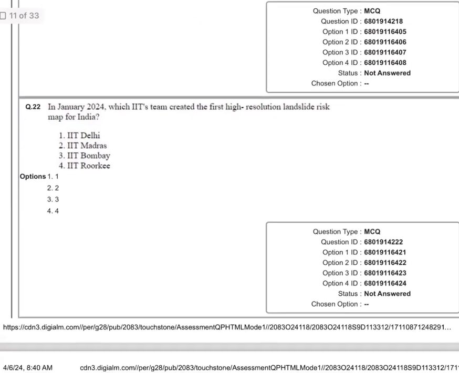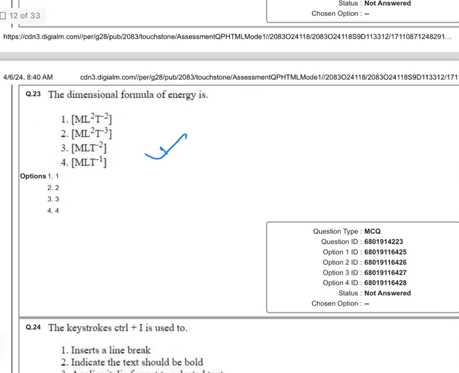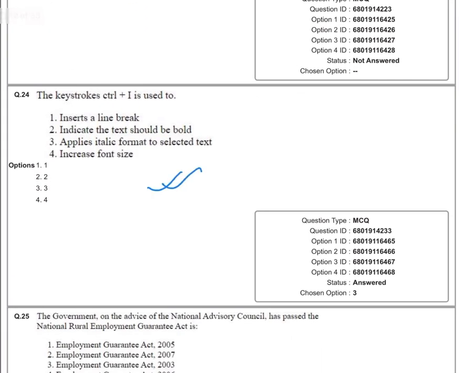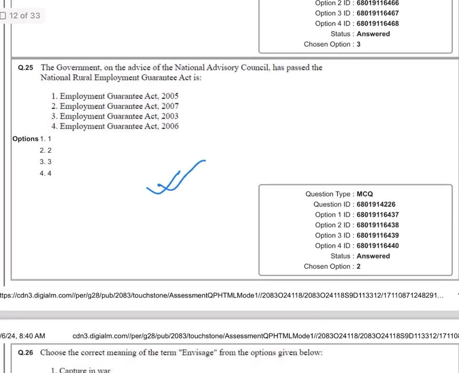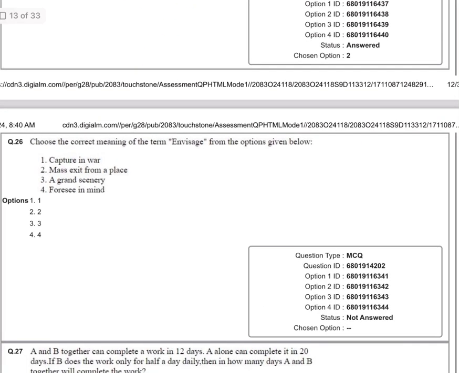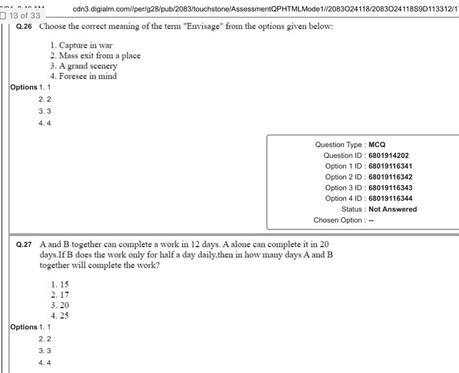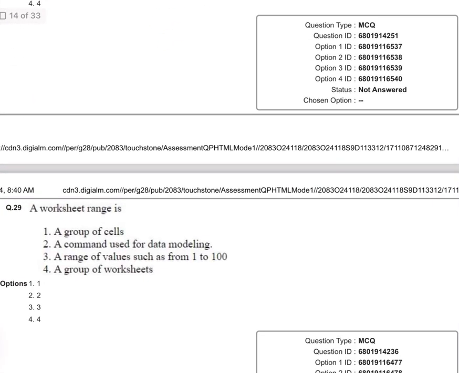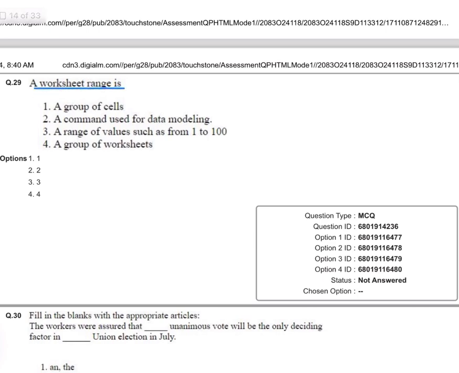Maths, current affairs. This is the science thing, I think. This is computer. Again, this one, the static or current, that will cover in that. Meaning of envisage: foresee in mind. So this is the English part, maths, reasoning, worksheet range, computer part.